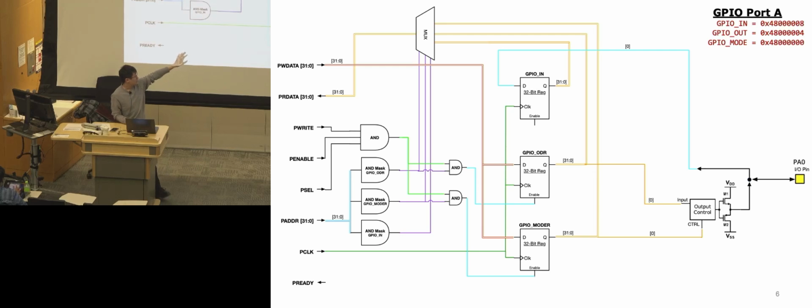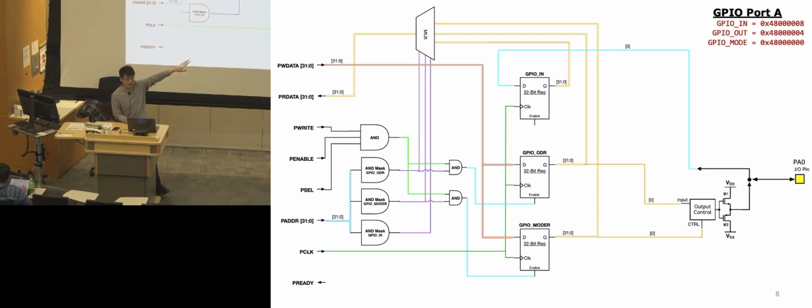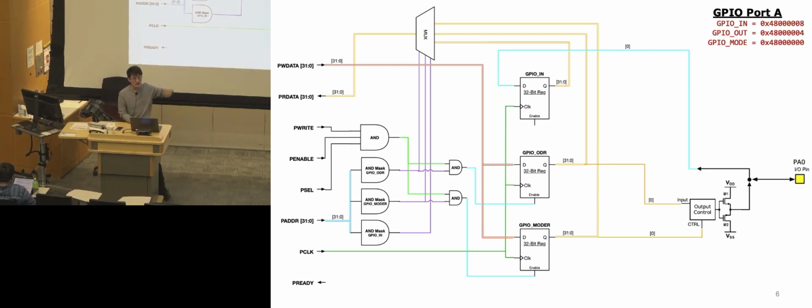The reason it also connects to the mode register, the GPIO mode register, is because, back to the MMIO, all the registers are essentially a piece of memory inside the processor's memory IO map. So that register needs to be written into, or have a value loaded into it, in order to set the mode of this GPIO peripheral.